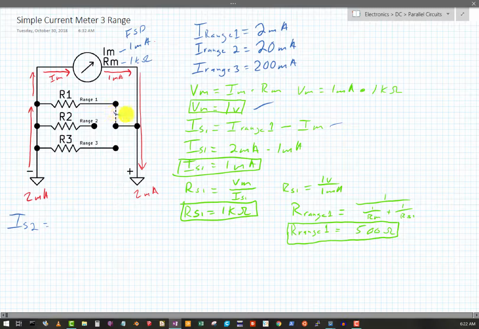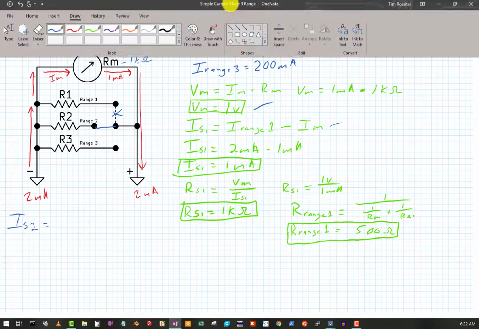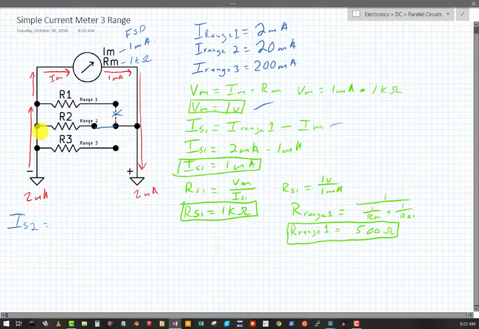Now my current is flowing through this resistor, so now I'm shunting at that node. IS2 is going to be there. So I range 2 minus I meter.